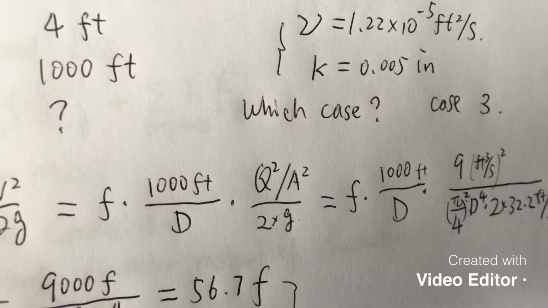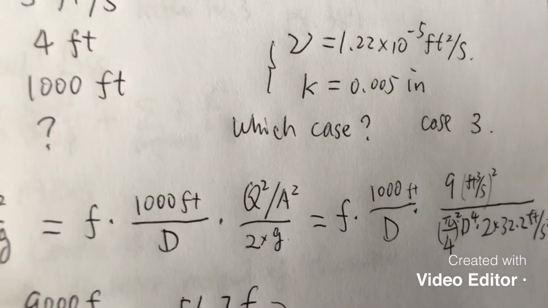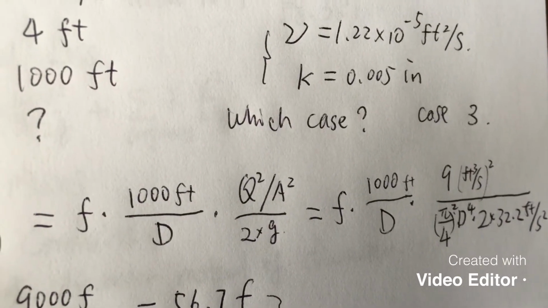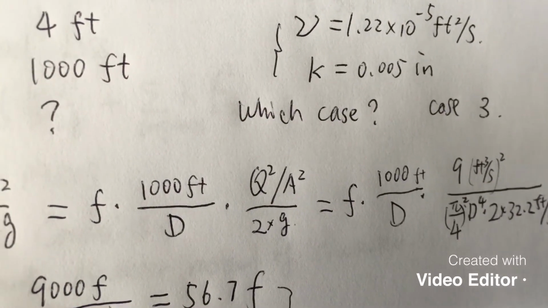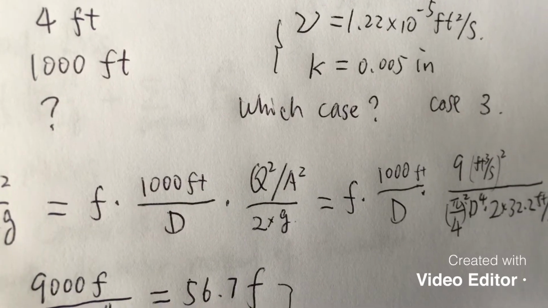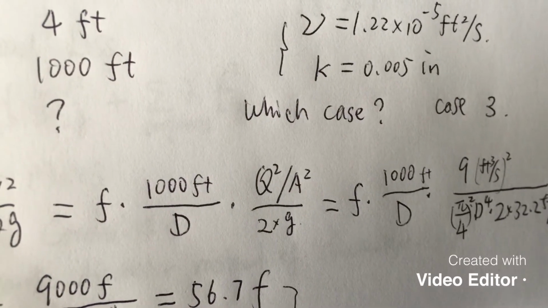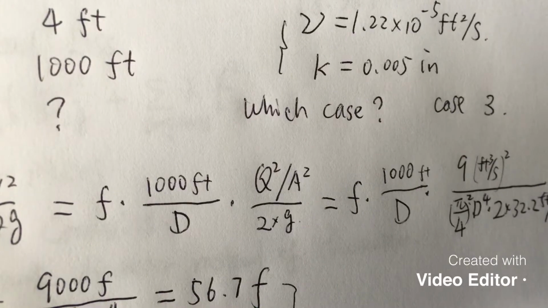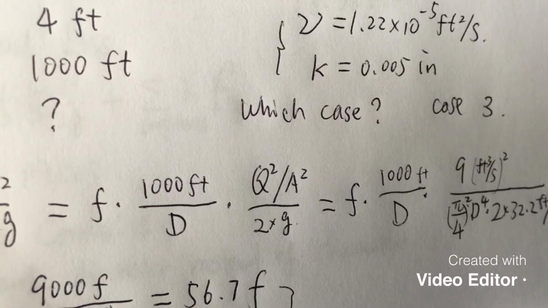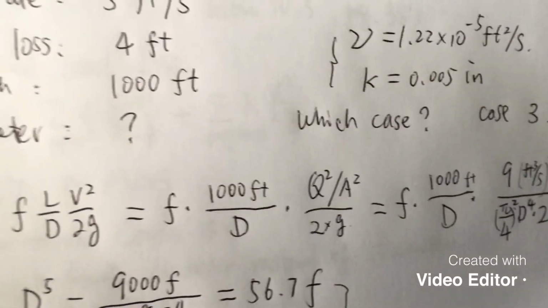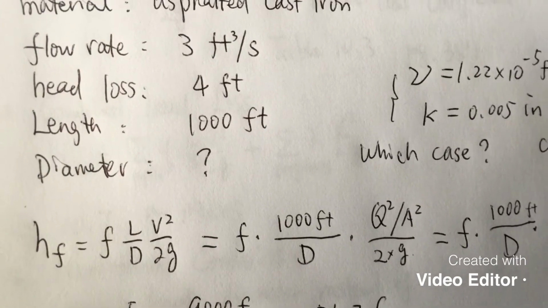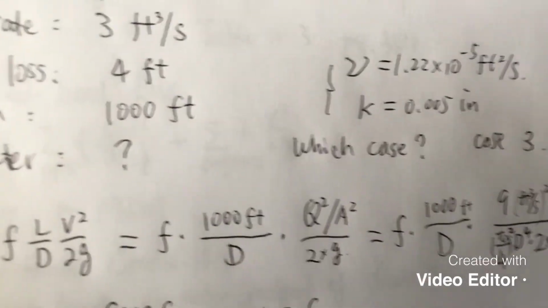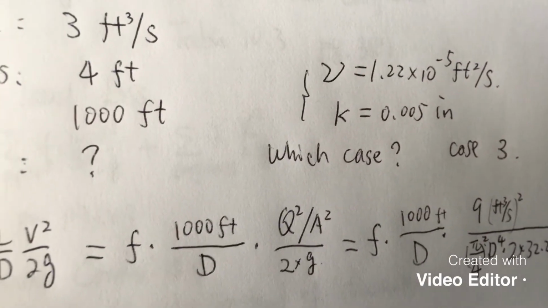If you rearrange it a little bit, you can put in the values. Q is given, and area is a quarter pi D squared, so area squared will be a quarter pi squared D to the power of 4. The whole expression equals 4 feet.